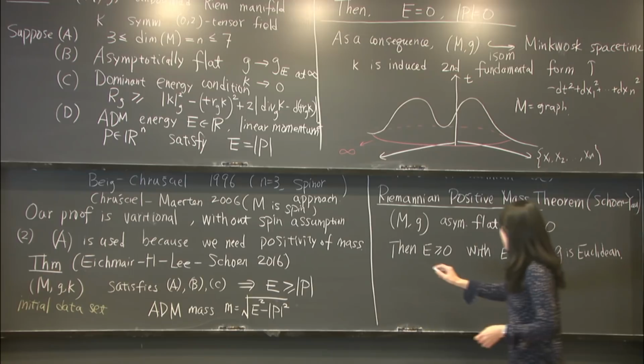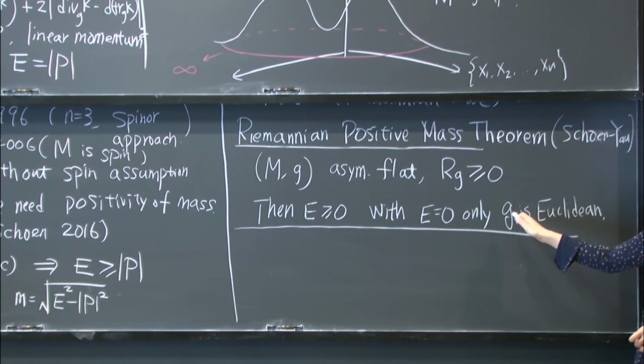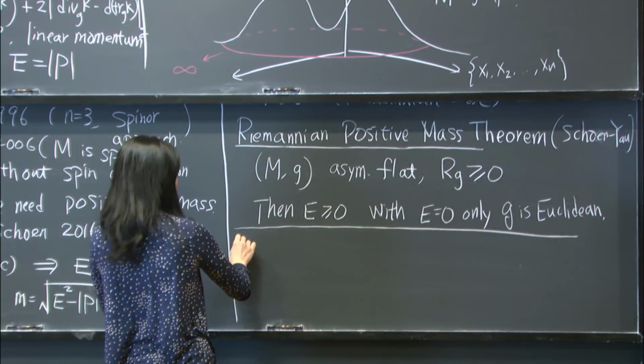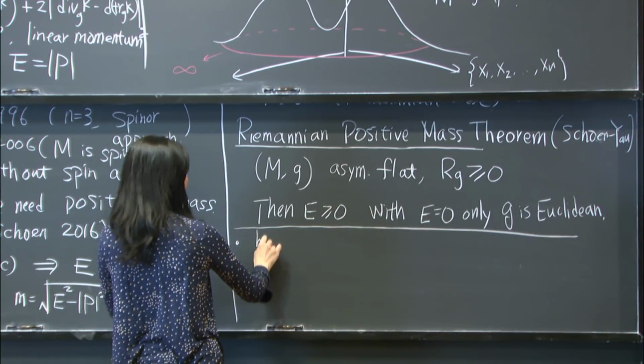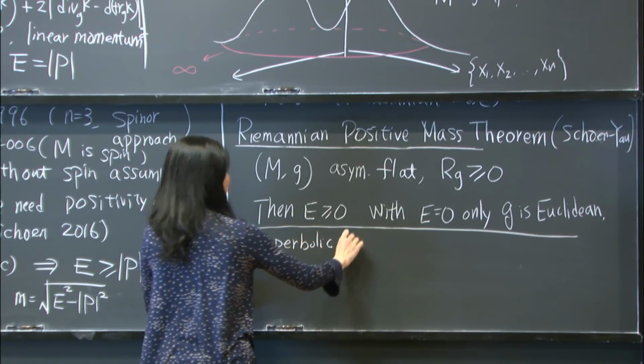And also, I want to make some remarks. This rigidity statement in particular is a way to characterize Euclidean space. So people have asked a similar question, whether there are analogous statements for, say, hyperbolic space or spherical space. So there is an analogous hyperbolic mass rigidity.